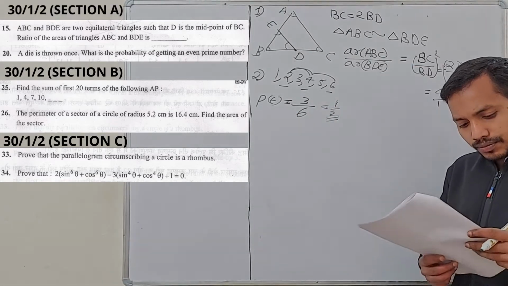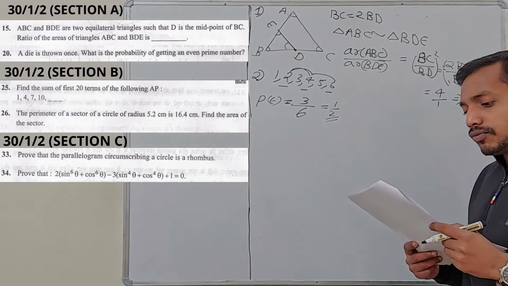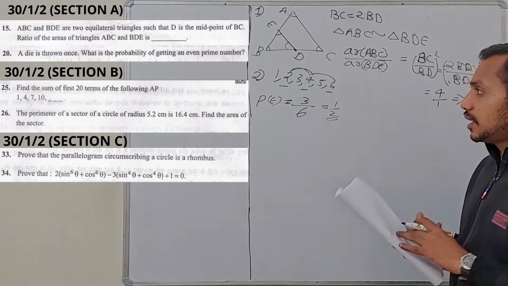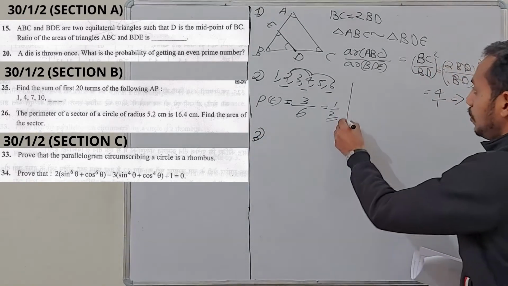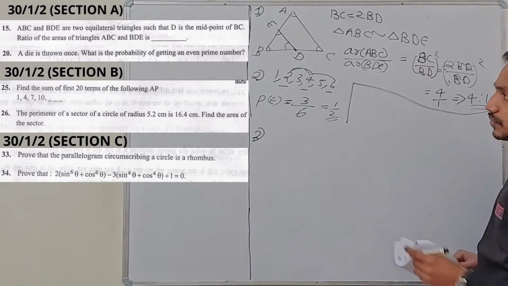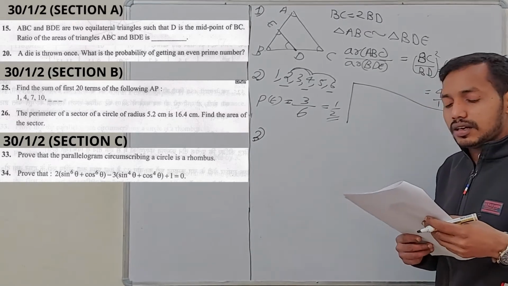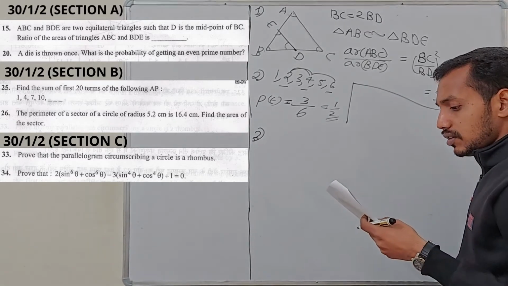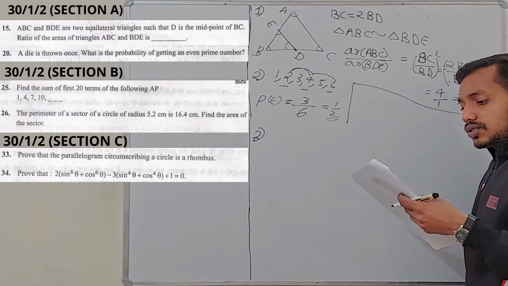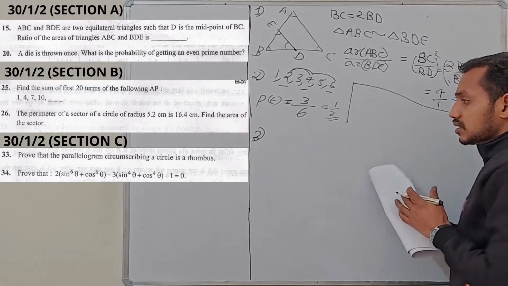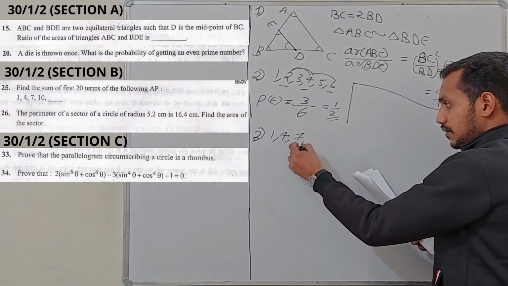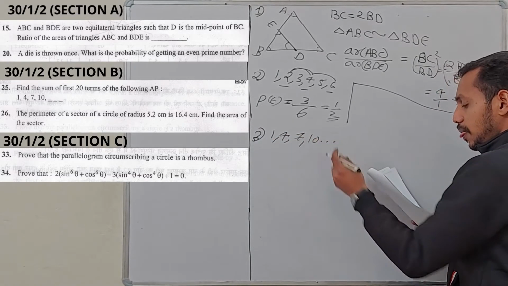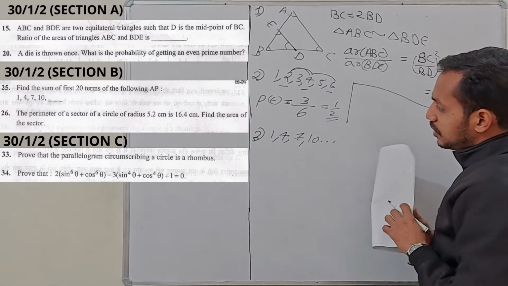Next question: find the sum of first 20 terms of the following AP. This is a 2 mark question. The AP is 1, 4, 7, 10, and so on. You have to find the sum of 20 terms.